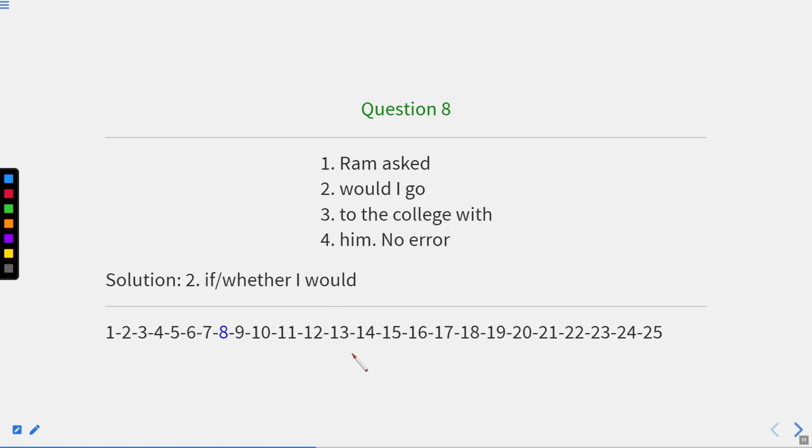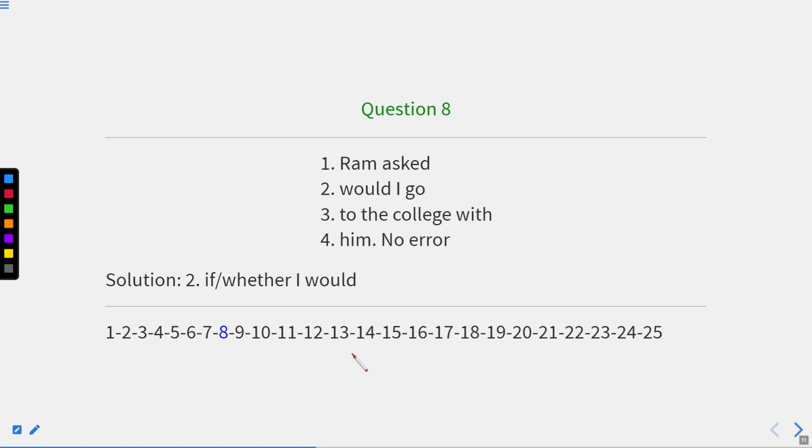Whenever we convert a direct speech sentence which is interrogative into an indirect speech sentence, we should make the structure: Ram asked if or whether I would.